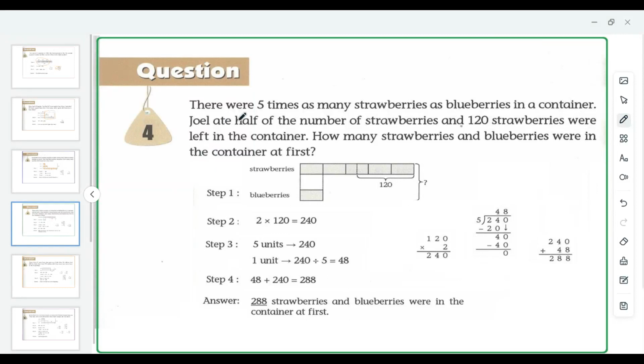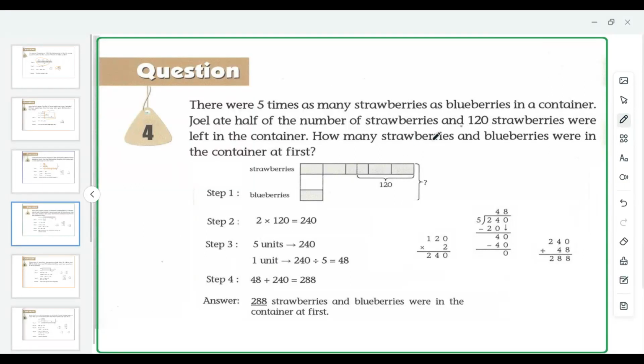Question number 4. There were 5 times as many strawberries as blueberries in a container. Joe ate half of the strawberries, and 120 strawberries were left in the container.